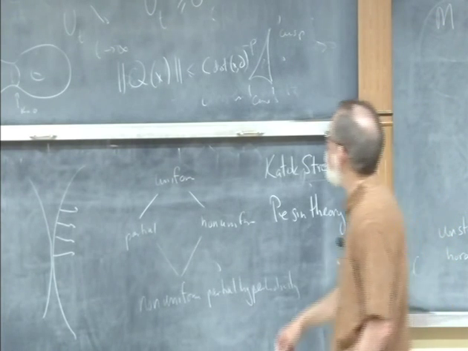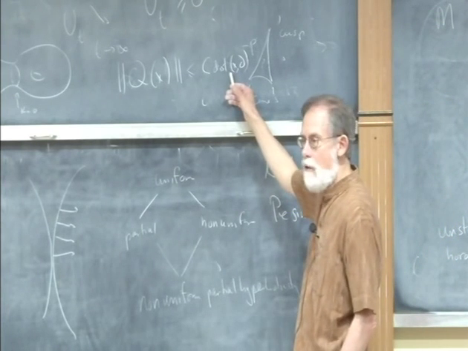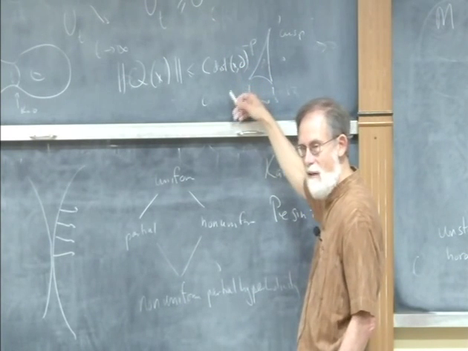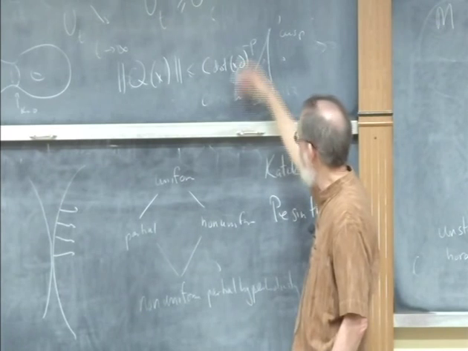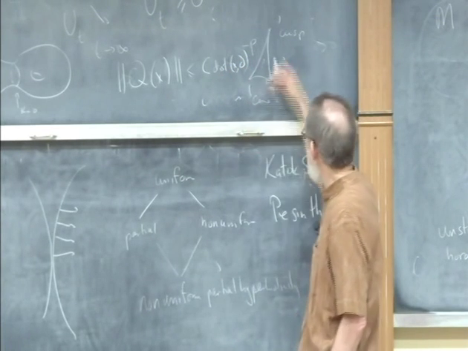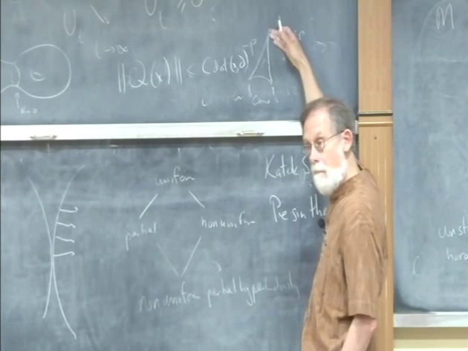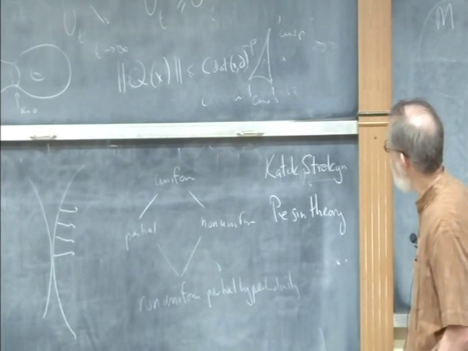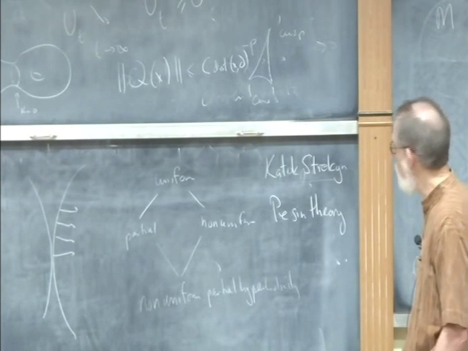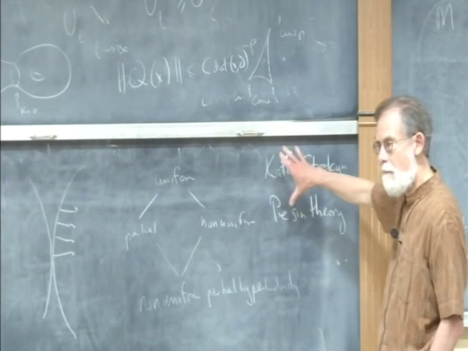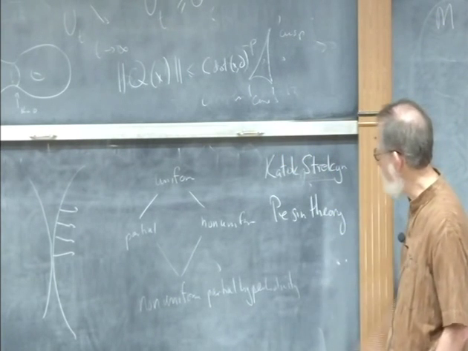So it's better than sub-exponential. It's like a 1 over a power type of blow up as you approach the edge. And as long as you have estimates like that, then it turns out to be as good as the kind of uniform estimates.